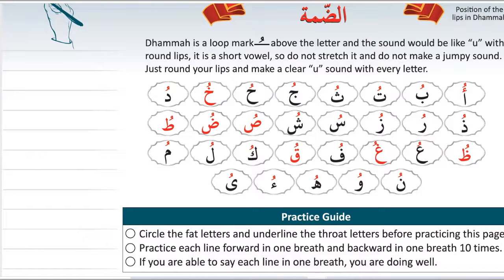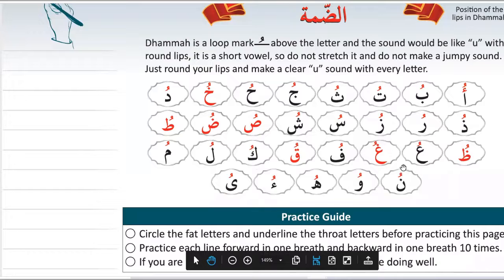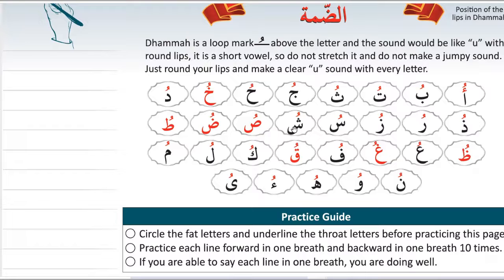Okay, so now we have to practice it. Anyone wants to try, you can just read the sounds of these letters. Let me revise one more time. Dhamma is a loop mark. Whenever you see the dhamma sign on any letter, you have to make your lips in a circular form, and it has a sound like U at the end.